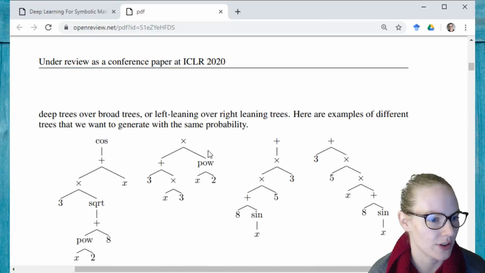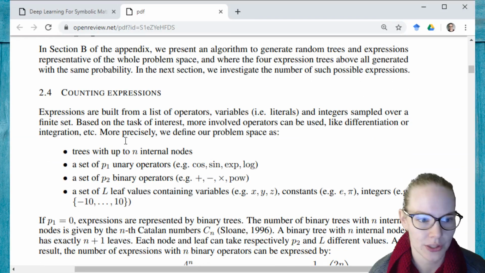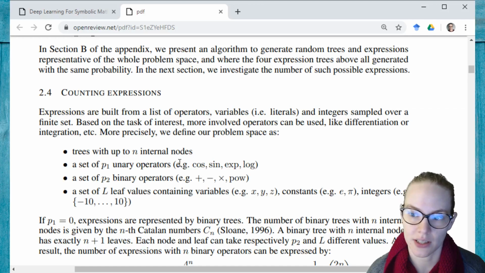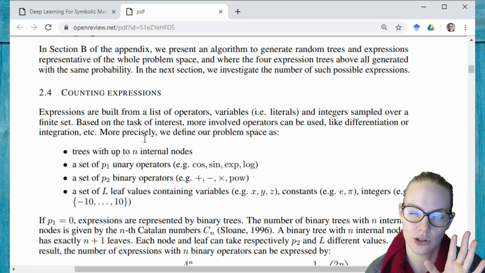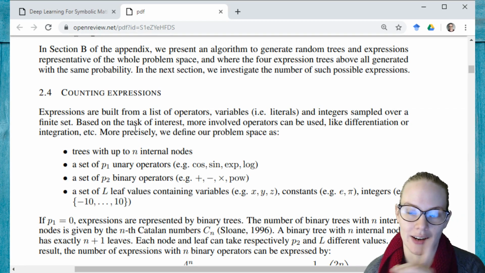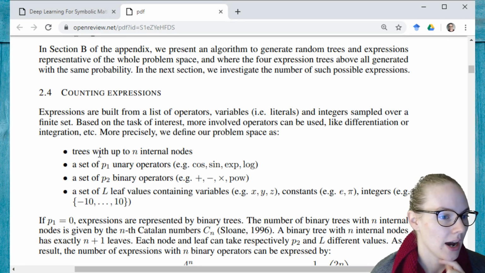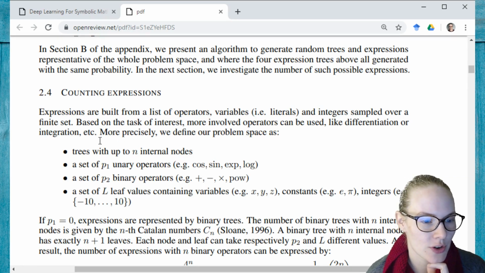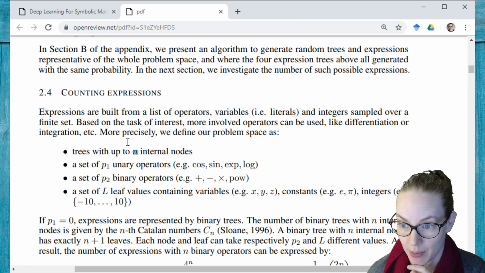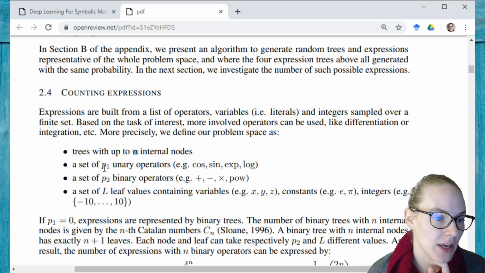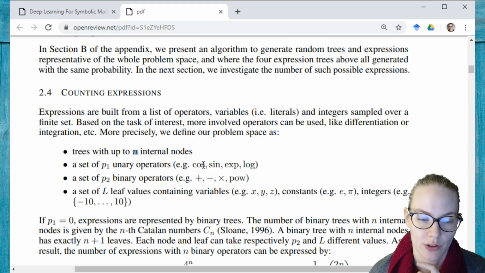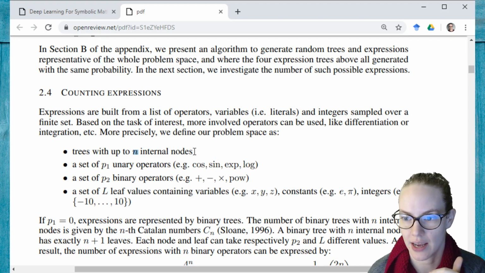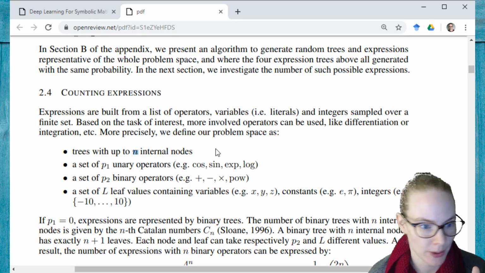So going even further down for their list of rules, the dataset for this is actually generated. They generated the solutions, and then they generated the problems from the solutions. The algorithm they used to generate those problems and solutions used trees with up to n internal nodes, which would be a hyperparameter, a set of p1 unary operators, so cosine, sine, exponent, log. These are things that take 1 input and give you 1 output.